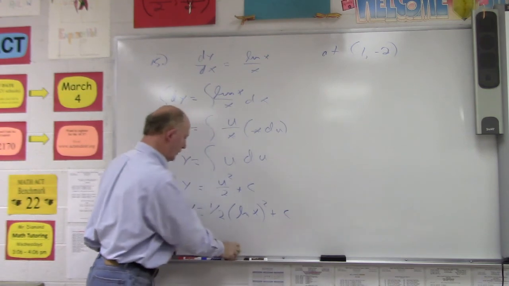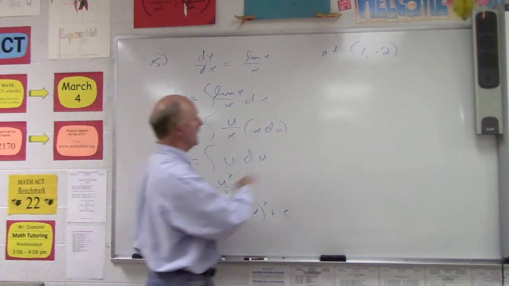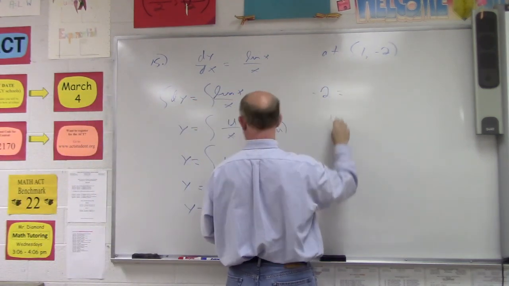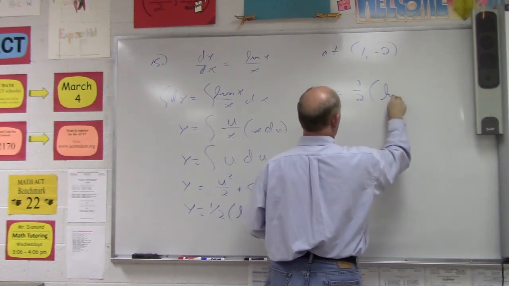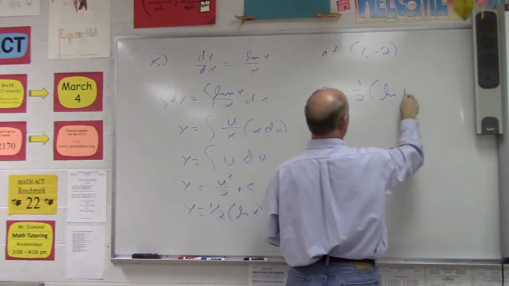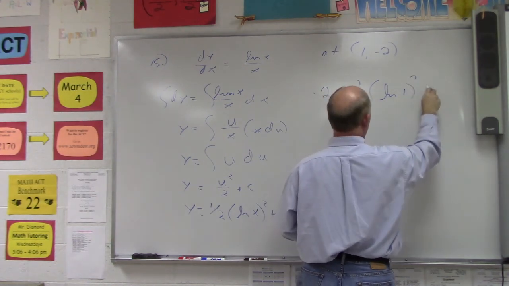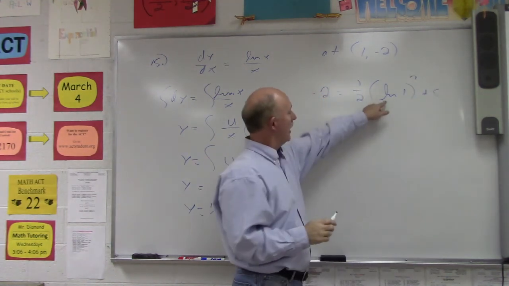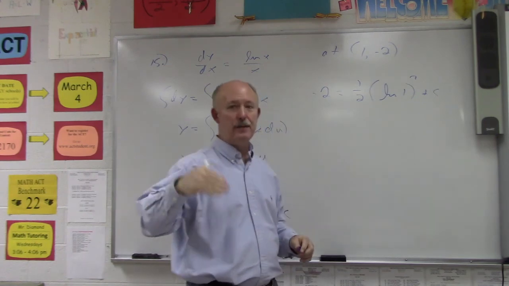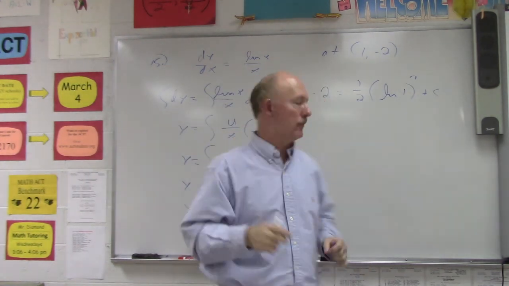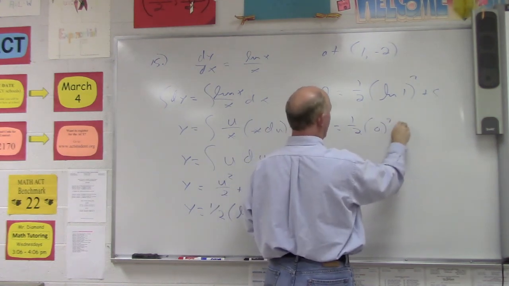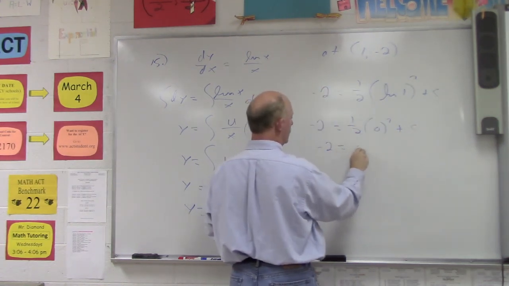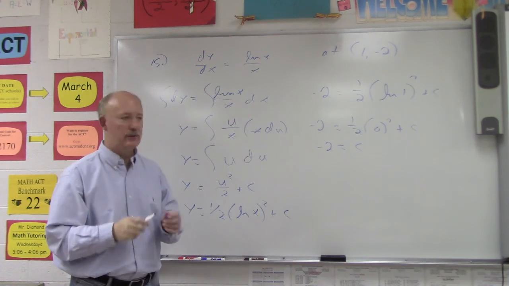Substituting -2 for y, we have -2 equals 1/2 times natural log, substituting 1 for x, squared, plus c. Natural log 1 is 0, as we saw at the beginning of the video. So -2 equals 1/2 times 0 squared plus c, or -2 equals c. That's our constant of integration.